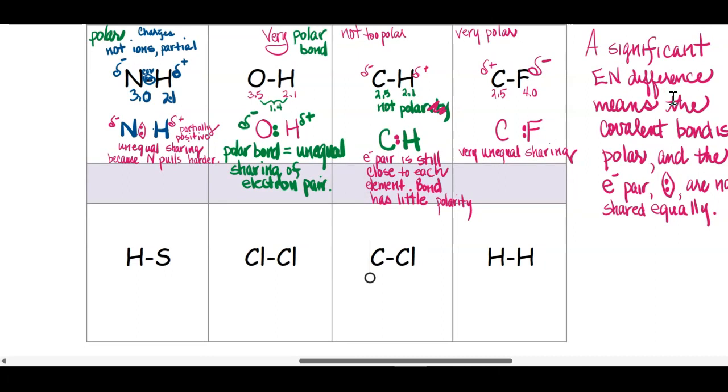So now do the same thing. Find the electronegativity of hydrogen and of sulfur. Decide which element is partially positive and which is partially negative. Why don't you go ahead and do that with all of these first? All right.